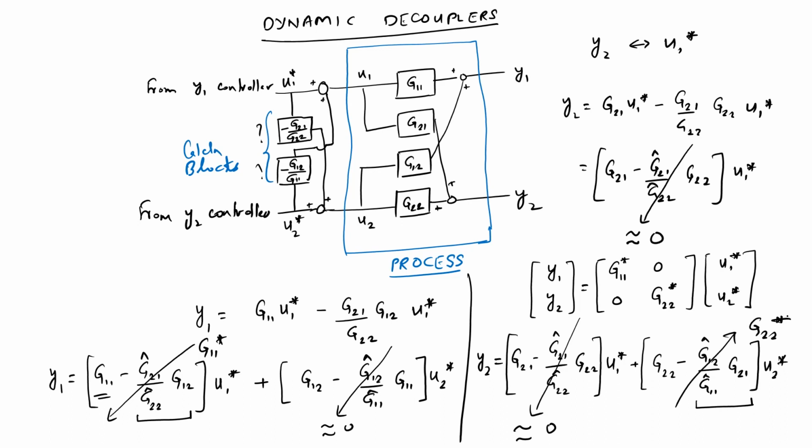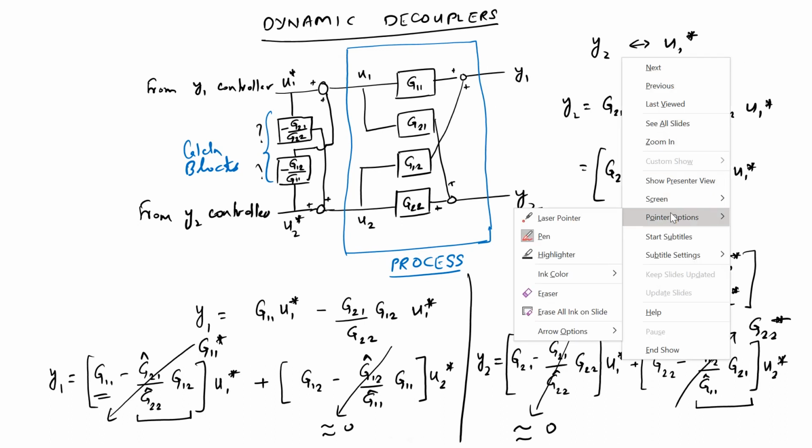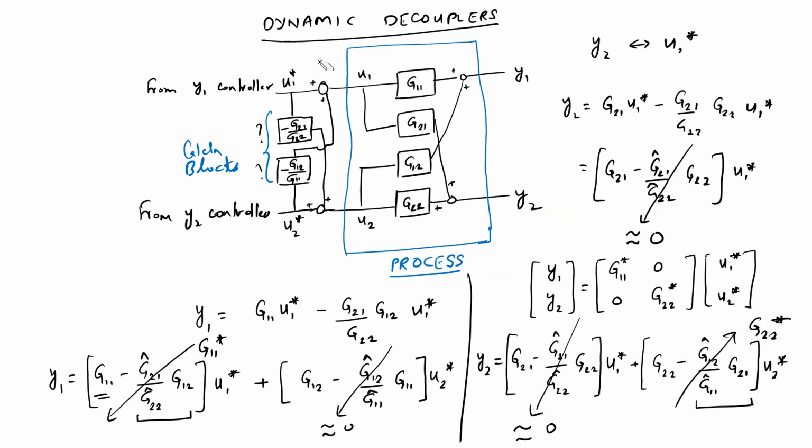So what I'm trying to say is, the process in blue has a non-diagonal structure, but this process is diagonal.